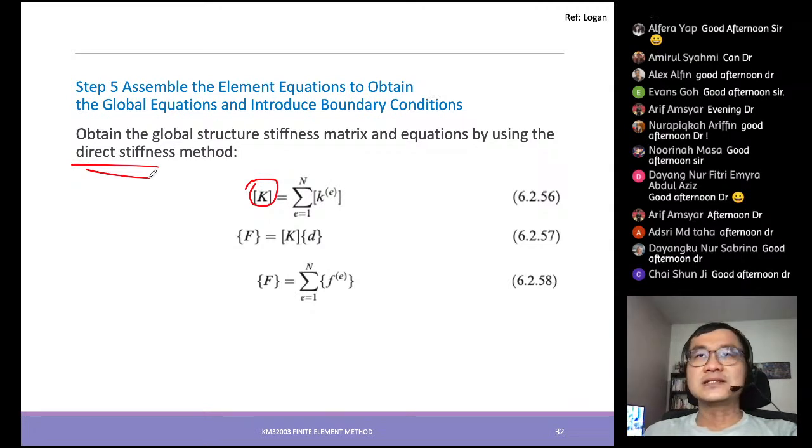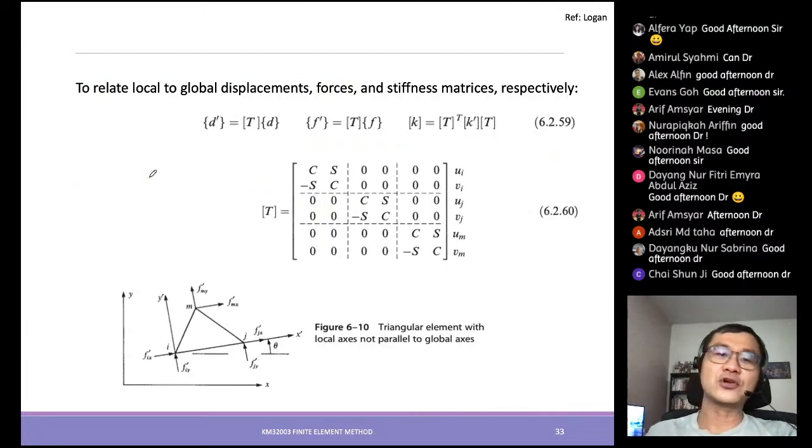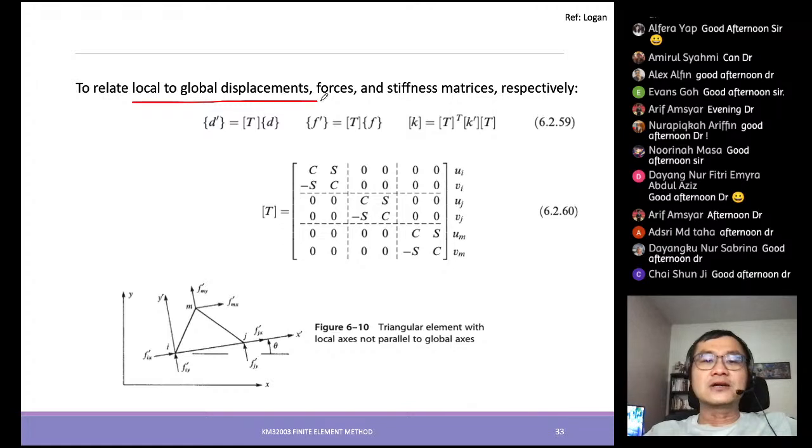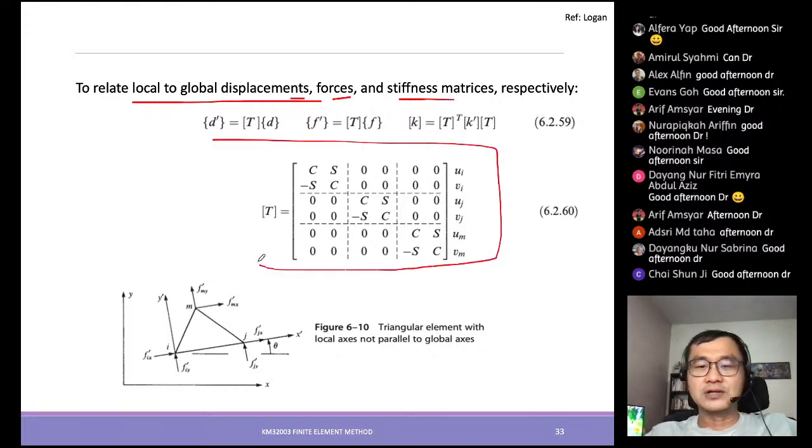Since this involves a two-dimensional plane, where rotations and so on will occur, we want to relate the local and the global displacement as well, for the displacement, the force, and the stiffness matrix, which is given by this particular relationship.